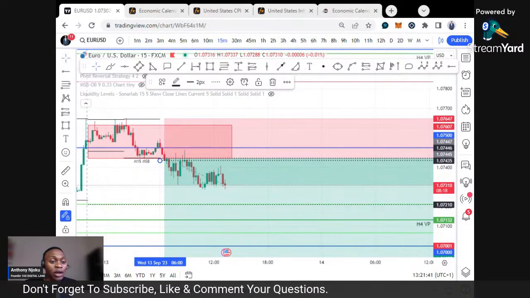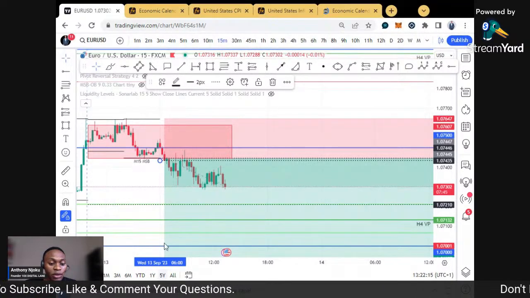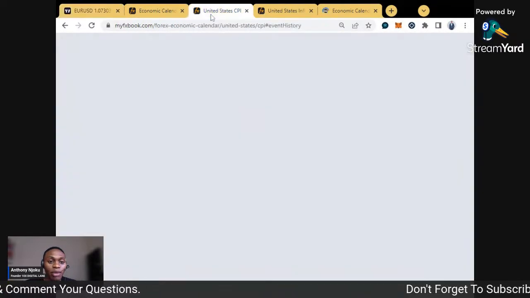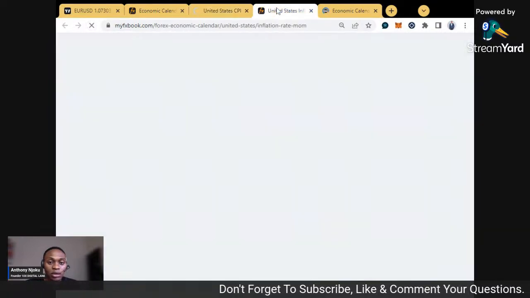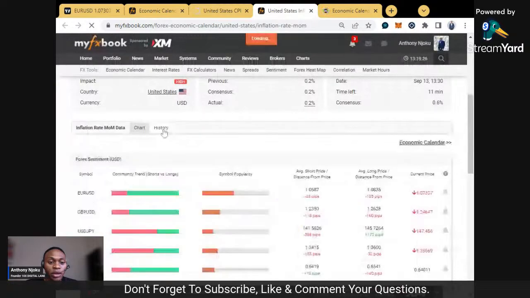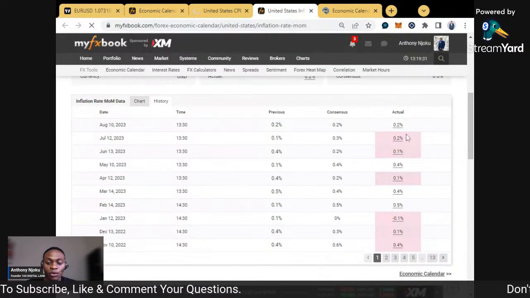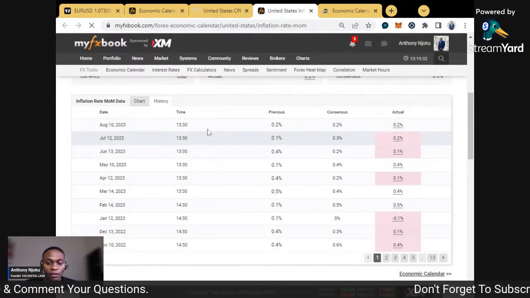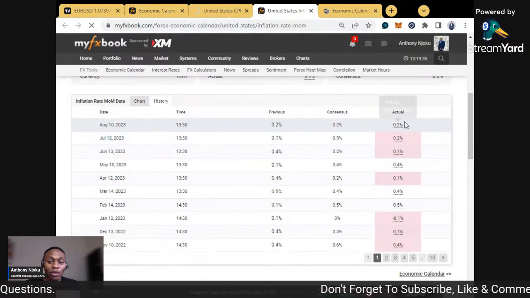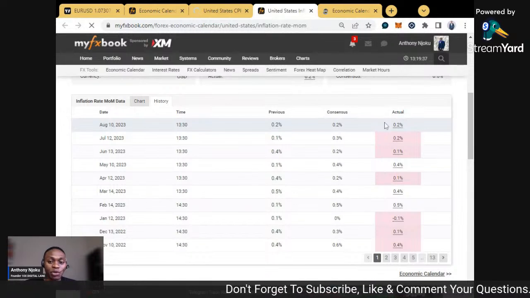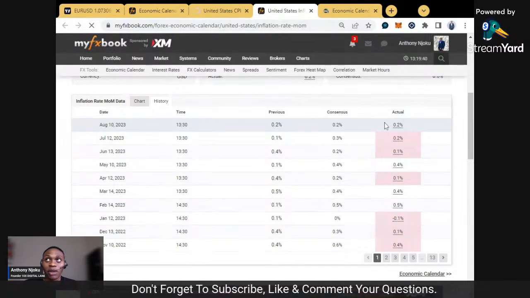So now let's see what the past... So this was CPI results as well, month over month. So you look over here. This one was actual. That was why the previous one, which was lower than forecast, did not have massive moves.